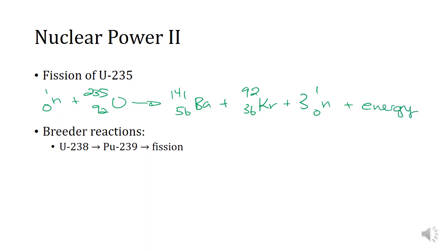So this is called a self-sustaining reaction. It's sustainable because I make 3 neutrons, but only 1 is required to start this reaction. So I'm generating more neutrons than I use, which is why this reaction can sustain itself basically until I run out of uranium.